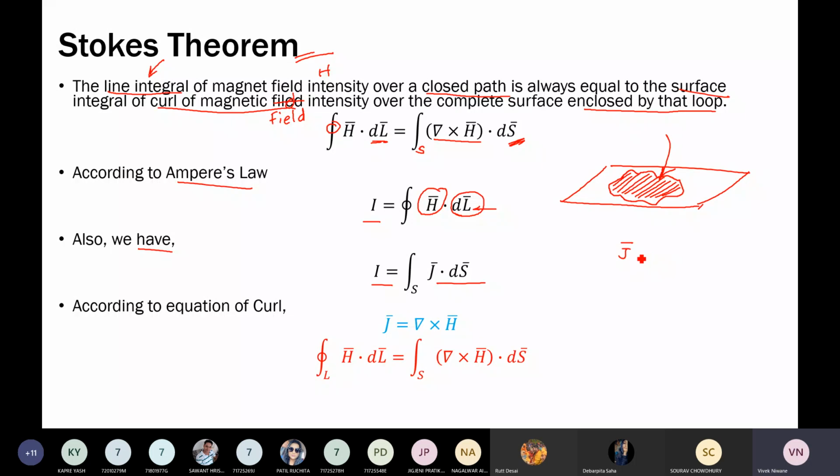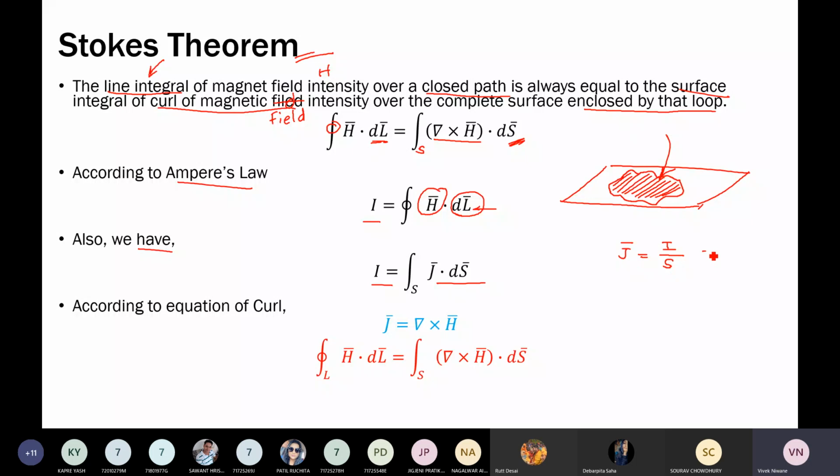Just as we had surface charge density, this is current density, and whenever we calculate a density we have that quantity upon area.